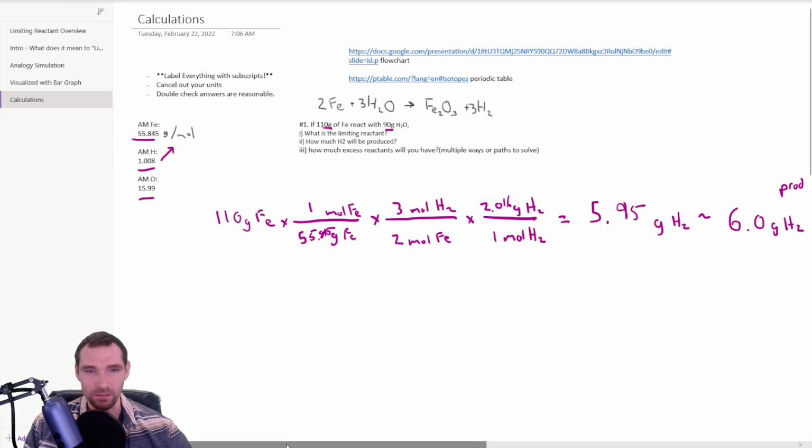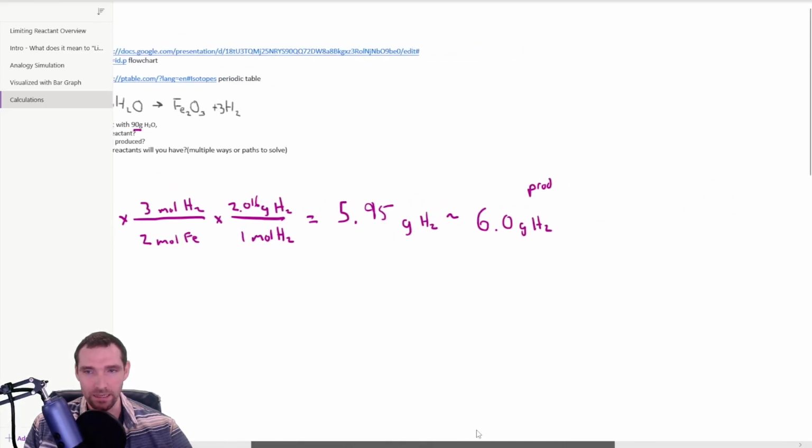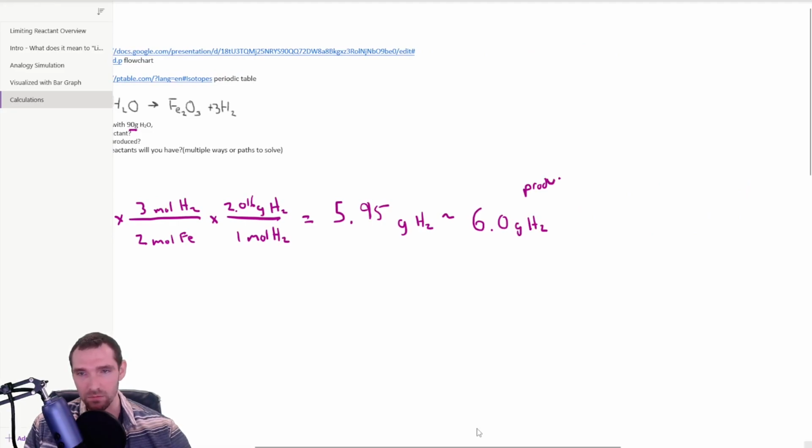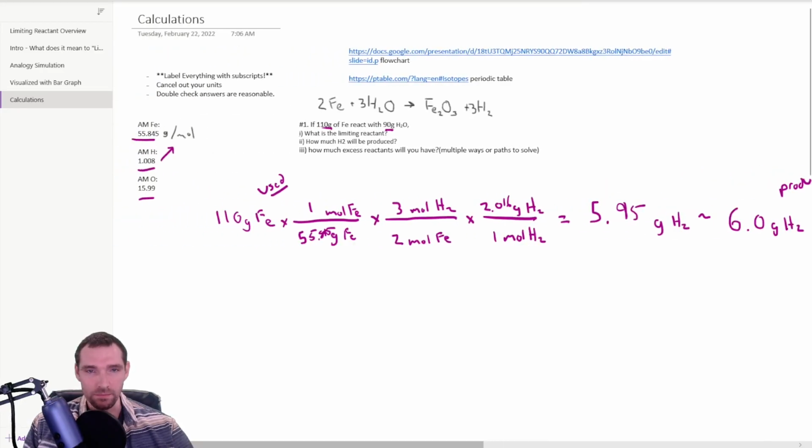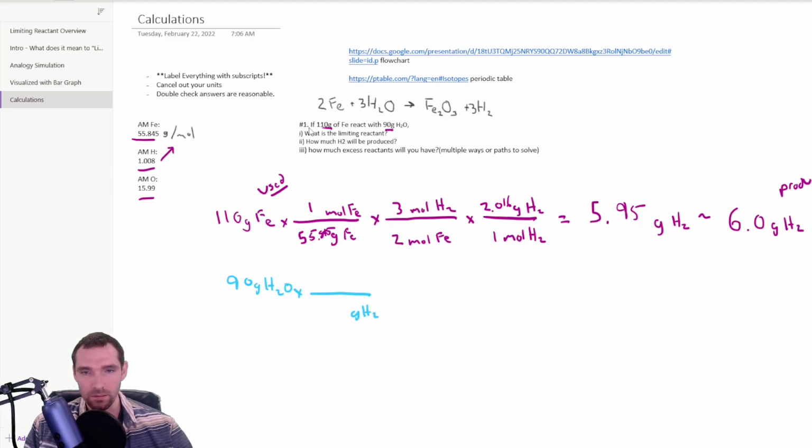It's very important that this was what was used, just so that we're thinking through what we have here, and that is going to correspond with what we produced. Okay. And then we can do the same thing. I'm going to just do a different color to show that we're doing a different chemical. So we've got 90 grams of H2O, and 1 mole H2O.